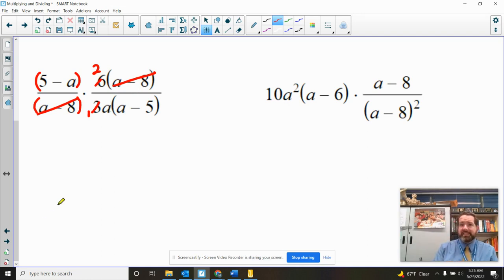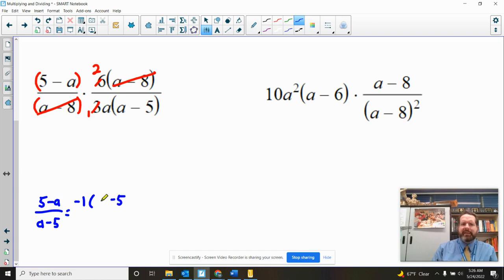Let's come down here just for a side thought. If I focus on this, 5 minus a over a minus 5, which is what we're doing, this on the top, this on the bottom, we're going to do one round of GCF, greatest common factor factoring. On the top, if I wanted to, I could divide both of these by -1. 5 divided by -1 is -5.